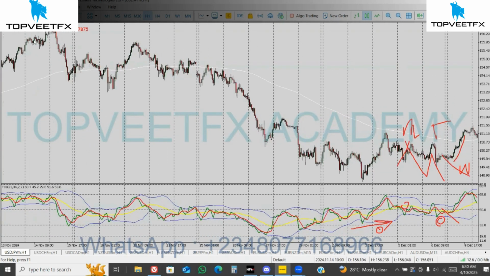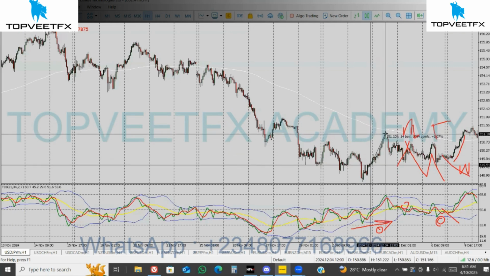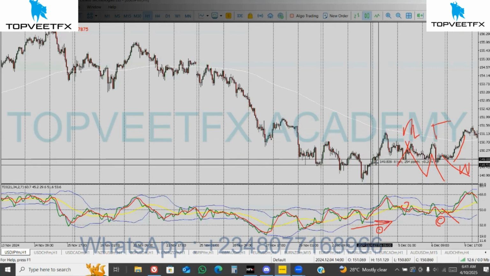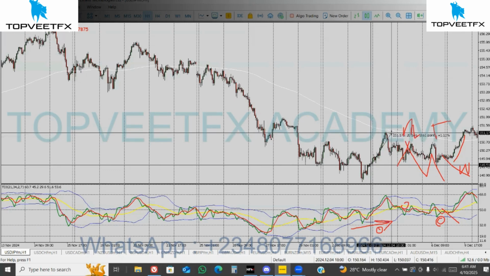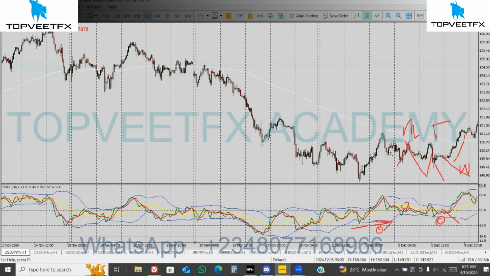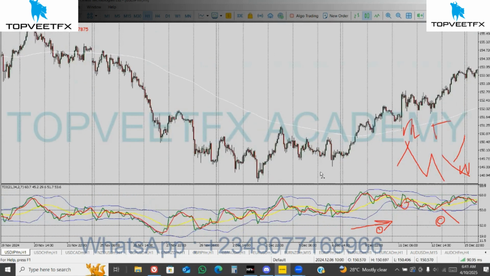You can see they gave you an entry on Tuesday. And your stop loss is, let's say, 90 pips, or even 100. Then they give you 160 something. And that trade is still alive till the following week.